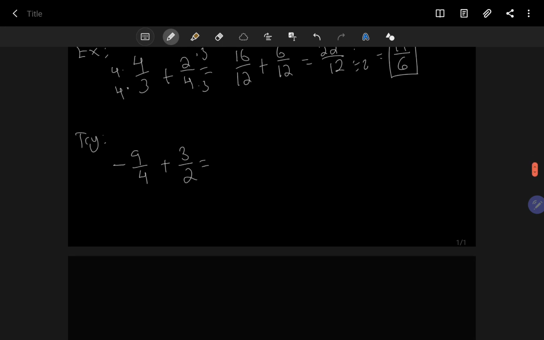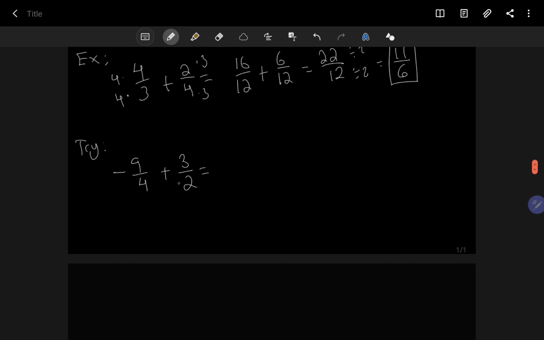So there's two different ways to do this. Can I make this 2 into a 4? Yep, so I can just multiply by 2. The negative 9 over 4 plus 6 over 4. Negative 9 plus 6 is negative 3 over 4. And that's my answer.